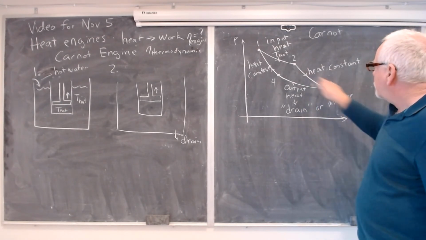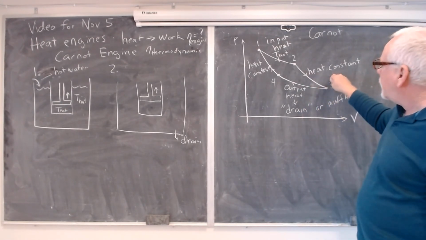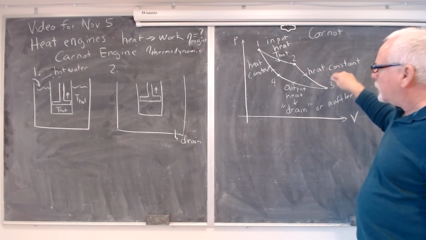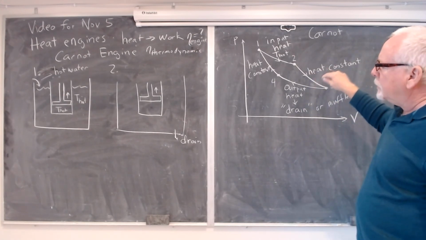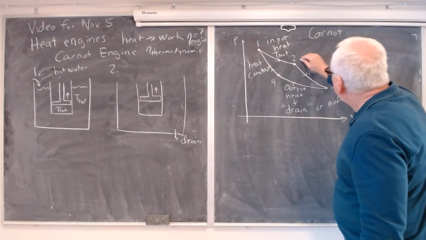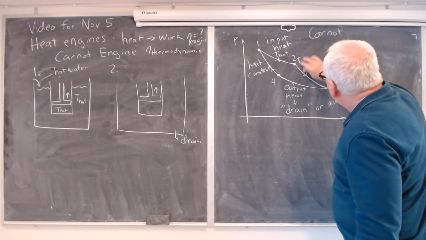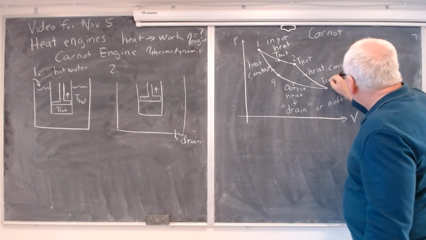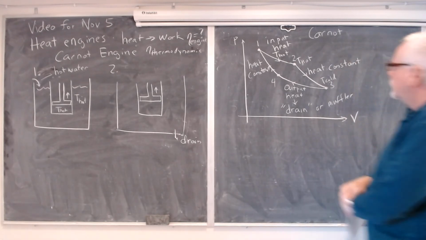In step 2 to 3, there's no heat input, and yet we're expanding the volume, and so the temperature is going down from T hot to T cold at that point.